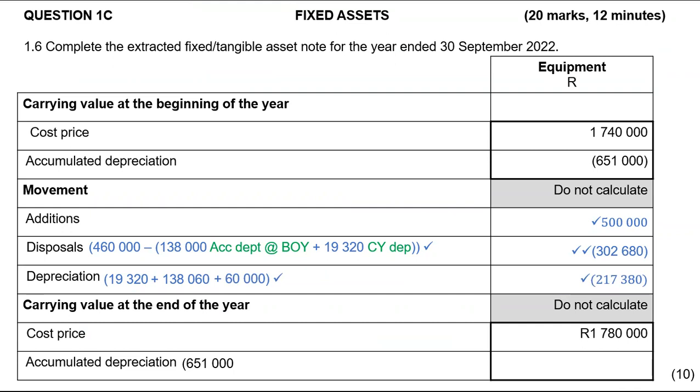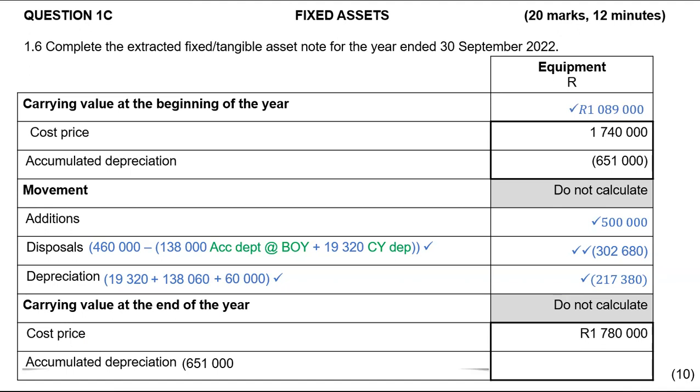Oh, this part here: accumulated depreciation at the end of the year. How do we calculate it? Together with cost, they're pretty much the same. It's just that cost works with cost, accumulated depreciation works with depreciation. You use this short formula. I calculated carrying value at the beginning of the year, which was 1,740,000 minus 651,000. It'll give you that 1,089,000.